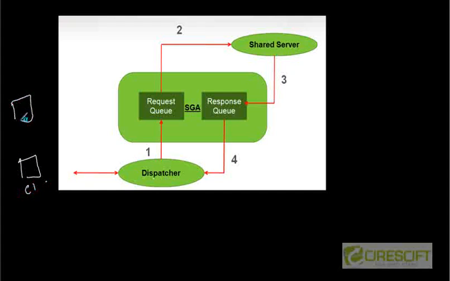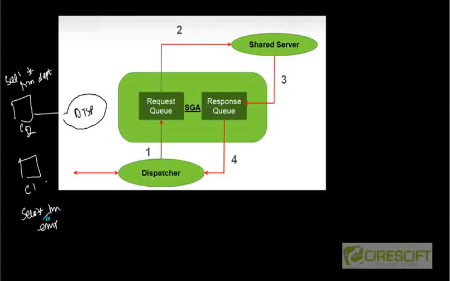Then let's say I have another client 2. Client 2 is going to have its own dispatcher process, and then we connect to the database server, and let's say we are sending some SQL statements: client 1 is going to do select star from EMP, and client 2 is going to do select star from department.